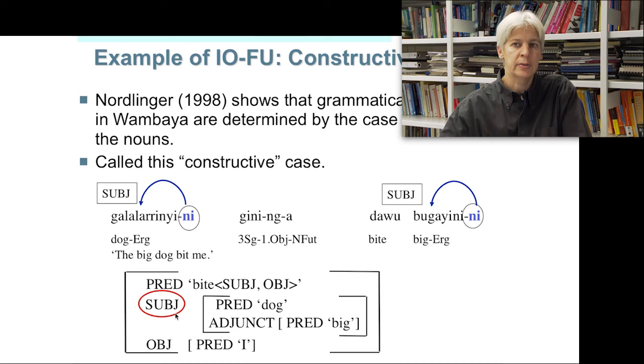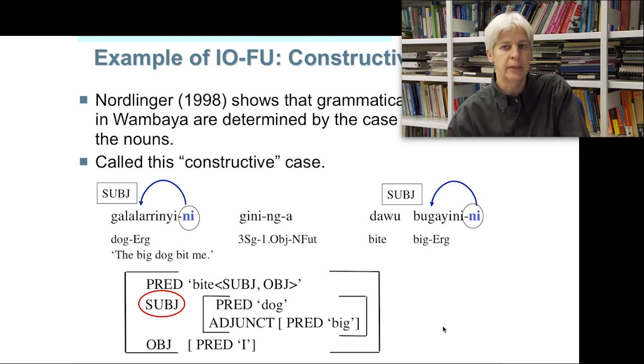So this is also a case of inside-out functional uncertainty, whereby the case marker is saying, whatever grammatical function I'm marking is going to be the subject. So this is exactly the kind of situation that we also implement in the Urdu grammar, where we let the case markers determine the grammatical functions of the noun phrases.